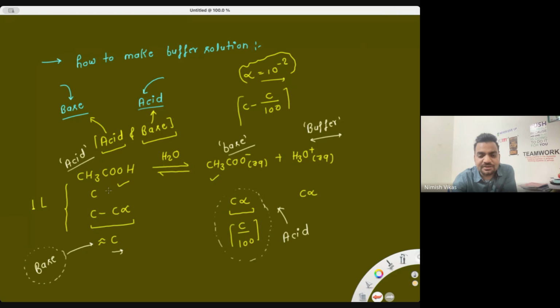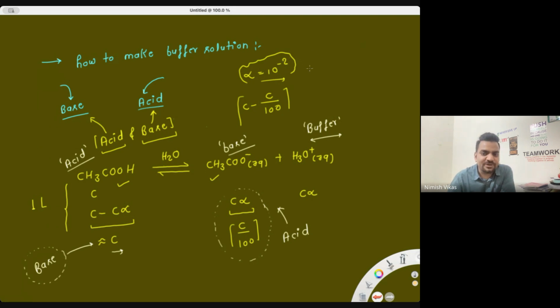I said we got an equilibrium mixture of acetic acid and acetate ion, right? Yes. When we add acetic acid in water, we get this mixture, correct? But acetic acid is a weak acid, so its degree of dissociation will be roughly 1% or 2%, depending upon the conditions. So for easy calculation, I have taken that as 1%. So if alpha is 1%, means alpha is 1 by 100, correct? Yes. If alpha is 1%, then alpha is 10 to the power minus 2.